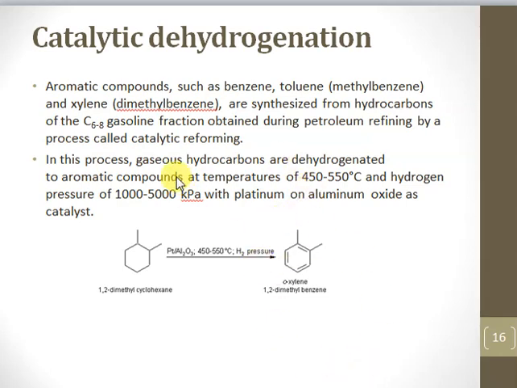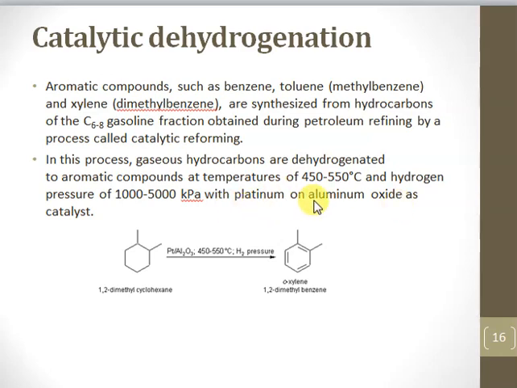So in this process, the gaseous hydrocarbons we have are dehydrogenated to aromatic compounds at a temperature of 450 to 550 degrees C, and we have to use a pressure of 1000 to 5000 kilopascal. Normally the catalyst we use is platinum on aluminum oxide, right?